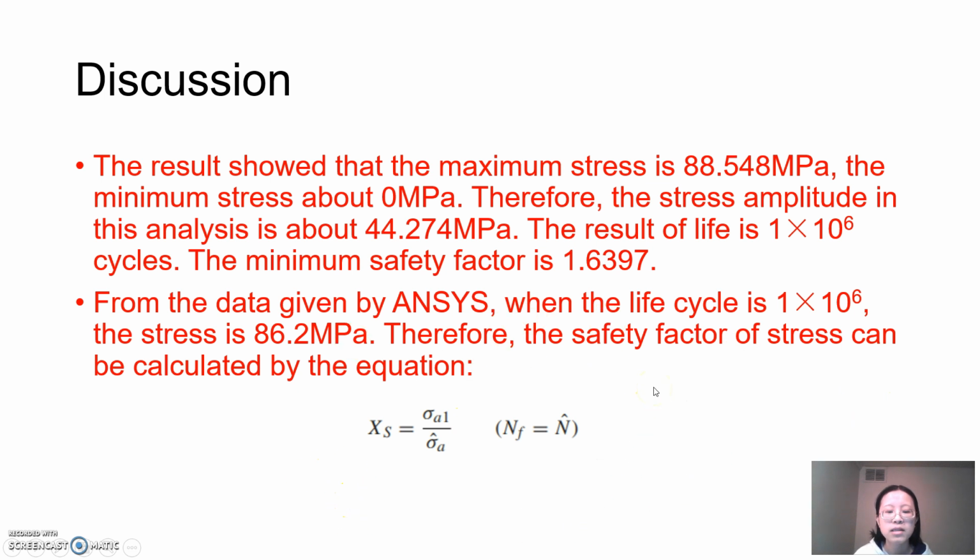The result of this calculation is about 1.98, which is more than the minimum safety factor in the ANSYS calculation result. It might be because the result of the life cycle in ANSYS is not very accurate. When I change the loading conditions, the life is still 1e6 number of cycles.